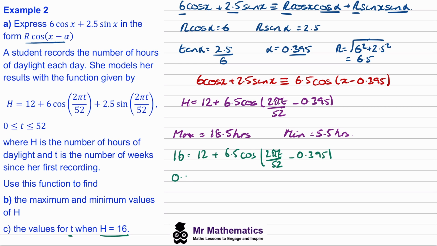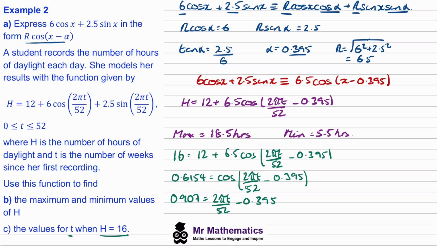So we'll get 0.6154 will equal the cos of that angle. And then if we take the arc cos of both sides, we get 0.907 radians will be 2 pi t over 52 minus 0.395.